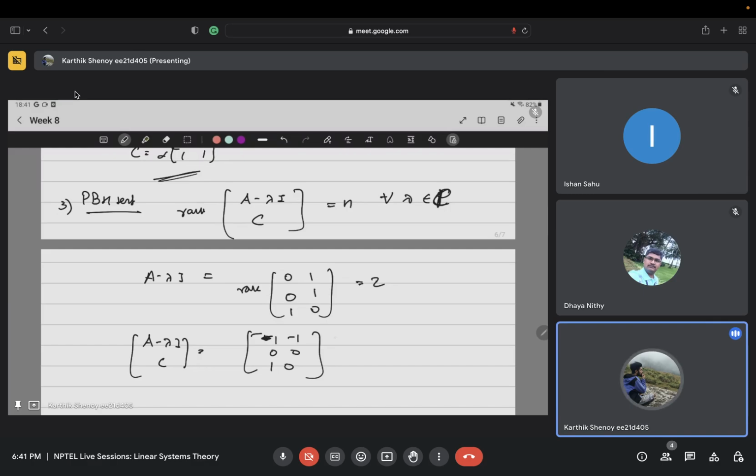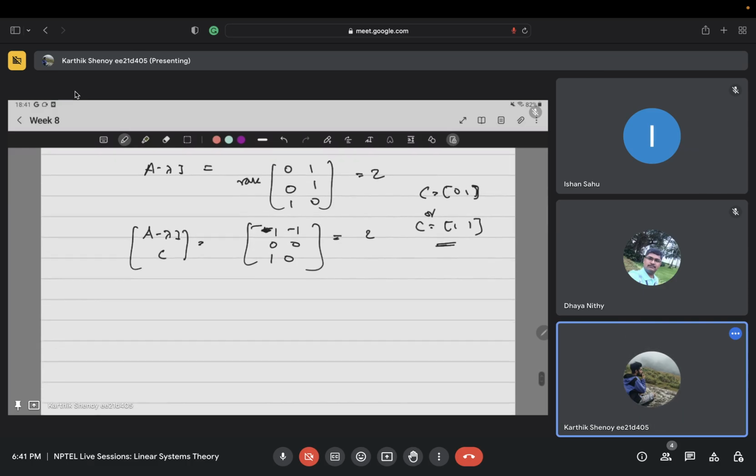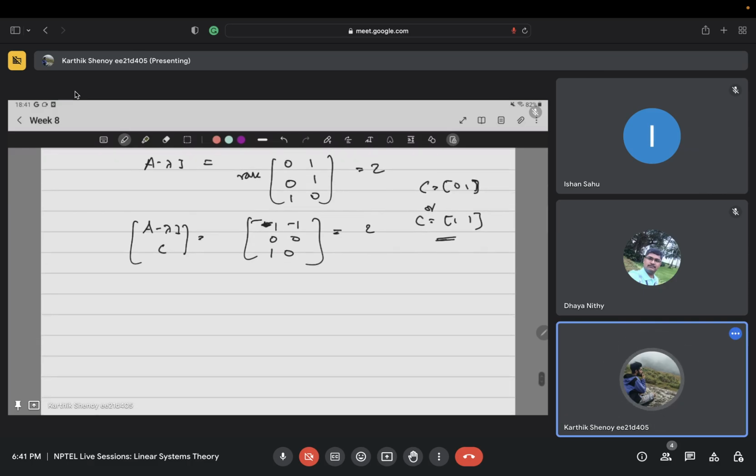So the rank is 2 again. The only case when this fails is when C is 0 1 or C equal to 1 1. So in those two cases the PBH test fails.